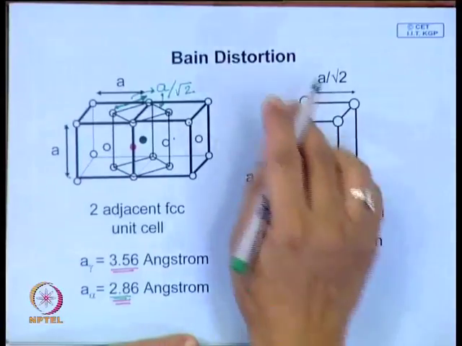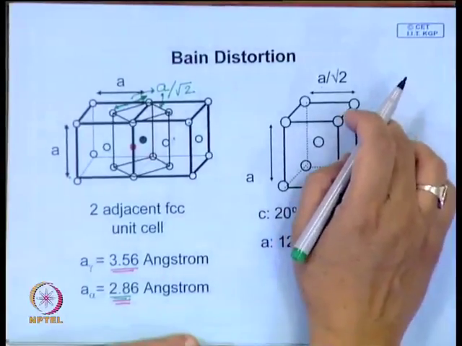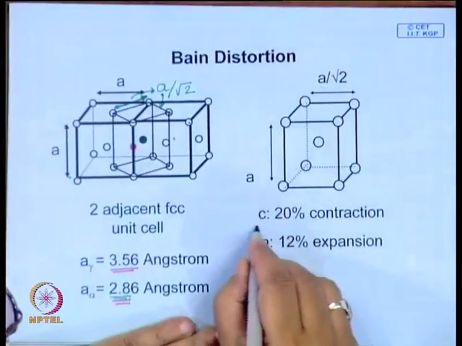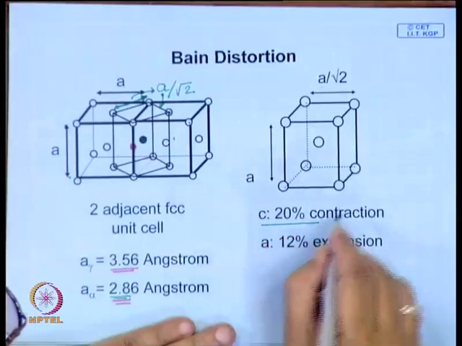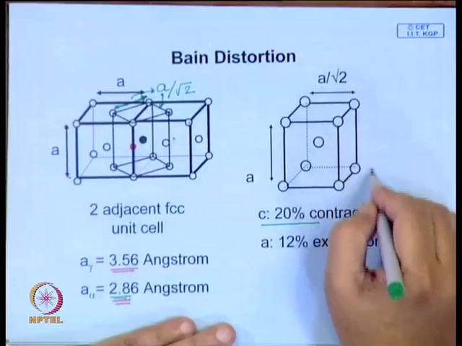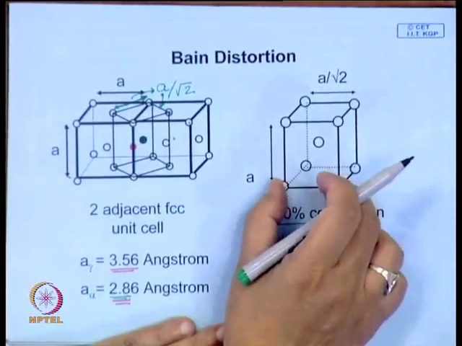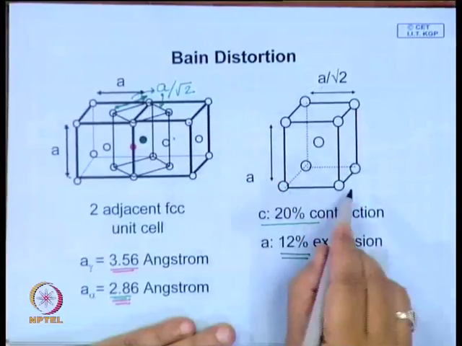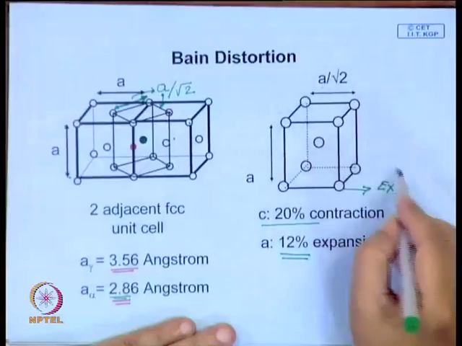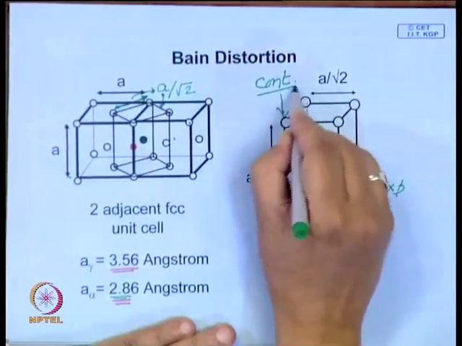So, you will have to transform this unit cell to a martensite unit cell by giving this kind of deformation: 20% contraction along the z direction or along the c axis, and it will expand 12% along this direction, and in this direction you have to have contraction.